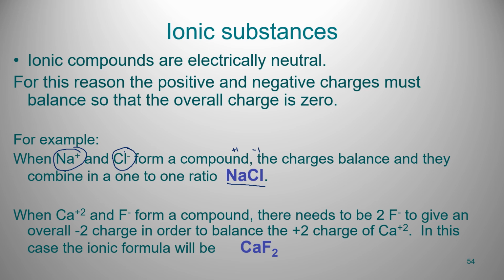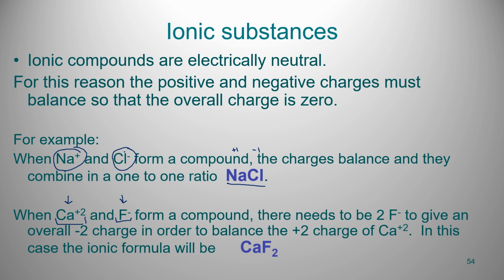So what happens if we have a different charged particle? What if we have calcium and fluorine, and they're going to form a compound? If I put one calcium and one fluorine together, they're not going to cancel each other out, because this is a +2 and this is a -1. +2 - 1 is a +1 overall, and you can't have charged particles just hanging out by themselves.